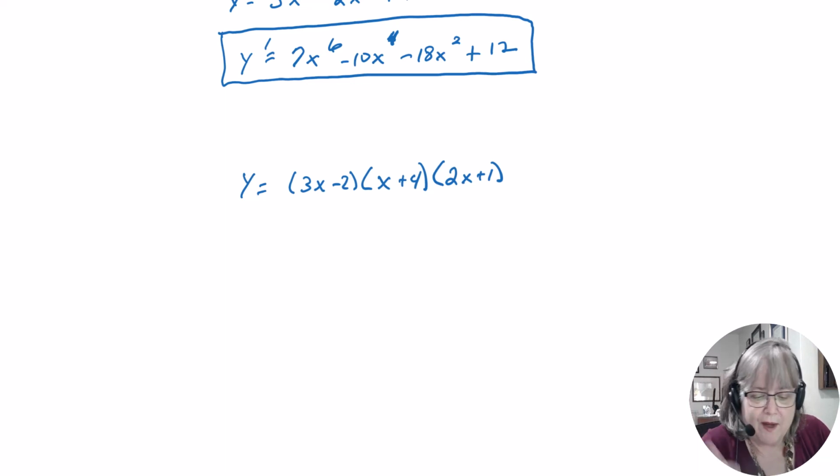Okay. So the derivative would be, you're going to take the derivative of the first and leave the other two the same. Then you're going to scoot down, take the derivative of the second and leave the other two the same. And then scoot down and take the derivative of the third and leave the other two the same. So we're going to take the derivative of the first. The derivative of 3x minus 2 is 3, leaving the other two alone.